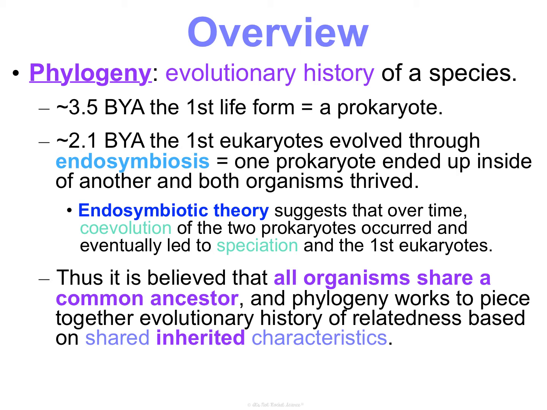This endosymbiotic theory suggests that over time, coevolution of the two prokaryotes occurred, and then eventually led to the speciation of the first eukaryote. Thus, it is believed that all organisms share a common ancestor at some point, even billions of years ago, and phylogeny works to piece together evolutionary history of relatedness based on shared inherited characteristics.